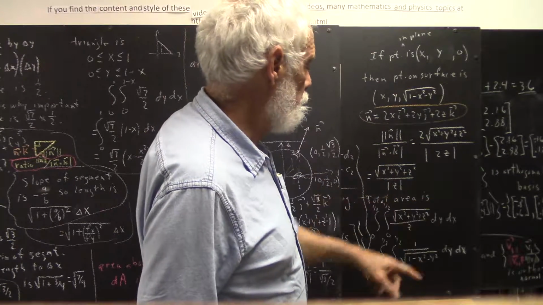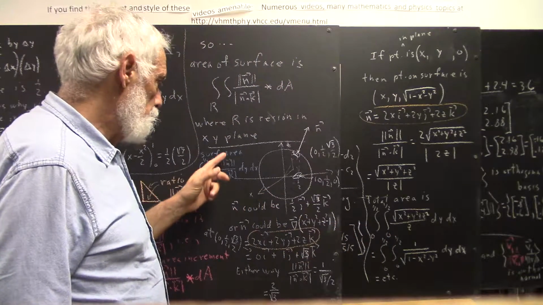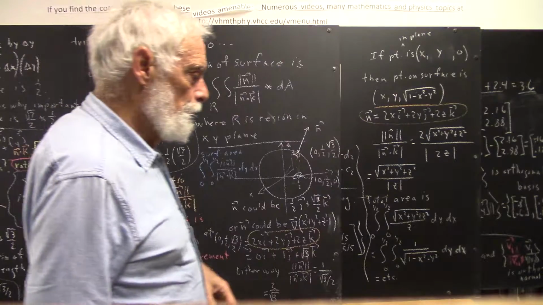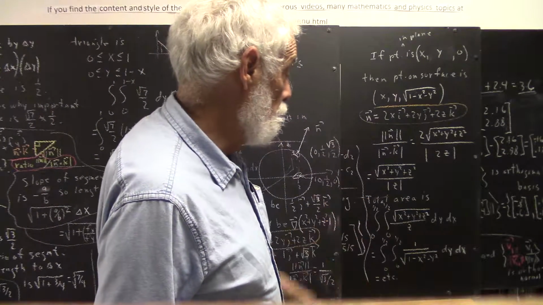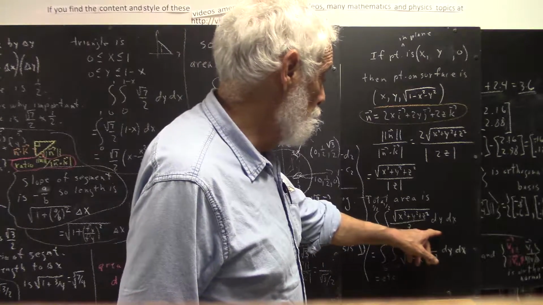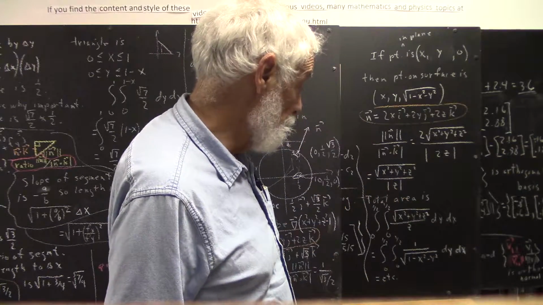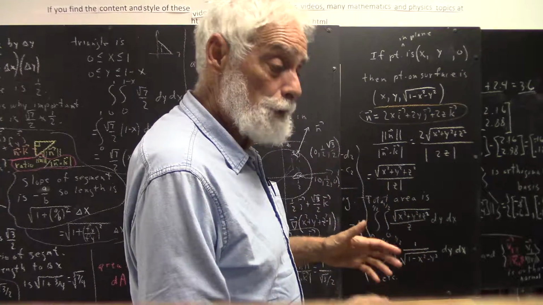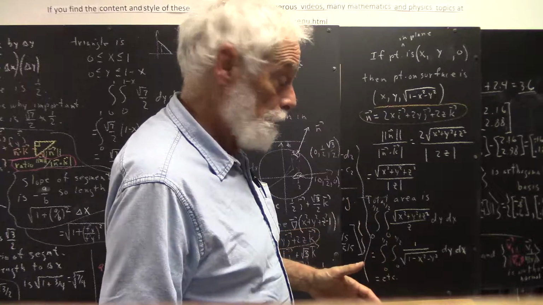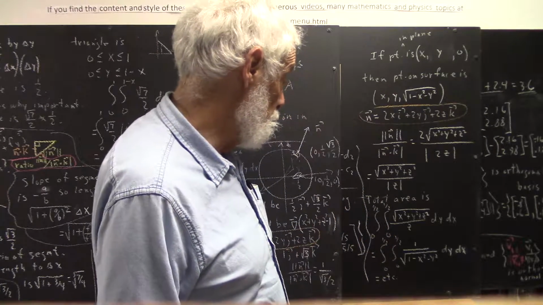So our total area is this integral, the same integral I wrote down here, but now I've replaced the magnitude of n over the magnitude of n dot k by the square root of x squared plus y squared plus z squared over z. We integrate with respect to y and with respect to x, it doesn't matter which is first. The limits in both integrals are the same, and they're fixed, they don't depend on the other variable. The y limit doesn't depend on the x variable, the x limit doesn't depend on the y variable.